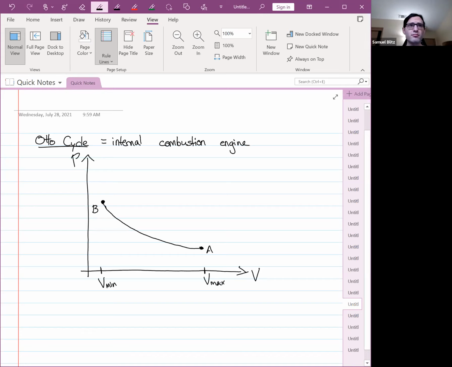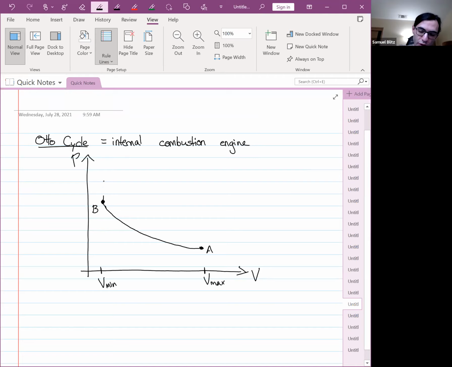Then the gasoline air mixture is ignited. And so when that happens, the reaction takes place very, very quickly. So quickly, in fact, that the air gasoline mixture increases its temperature much, much faster than the gas could possibly push the piston and expand. So this would be an example of the volume staying fixed, but the temperature skyrocketing. And what would that do? That would increase the pressure.